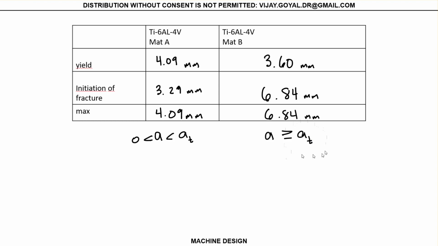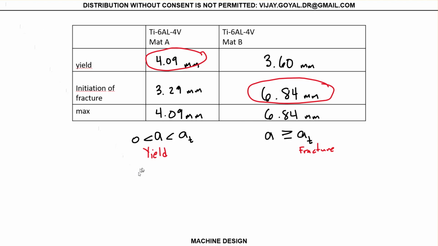So that's why it's important to always calculate your transition crack length to decide which of the two cases we are doing. It simplifies your analysis greatly because you know this was fracture, initiation of fracture. That's why you found that this was the answer here. For the other material, you know it was most likely going to fail because of yielding. That's why we choose this. And that's the answer, right? You can see it down here.